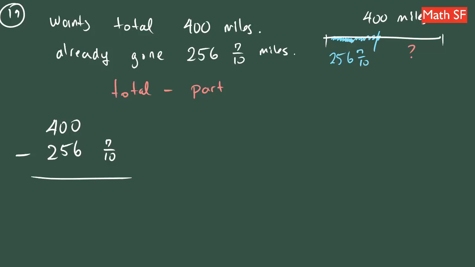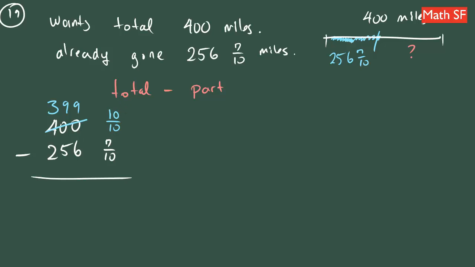Let's subtract that. And well, I cannot subtract 0 minus that. So I must borrow part here, so this will become now 399, and that whole one that you're borrowing will actually be 10 over 10 in order to match this denominator.